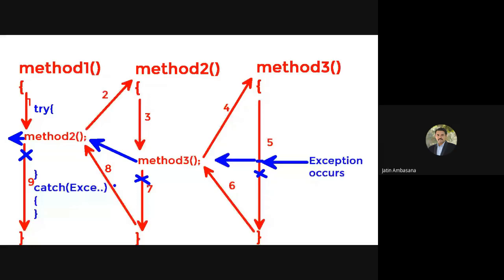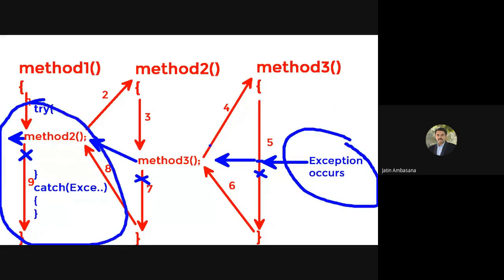So you have to make sure which is the nearest try catch. For an exception occurring in method 1, the nearest try catch is provided in method 1. Got the point? How an exception disrupts or stops the execution. Yes, how it can stop the execution.